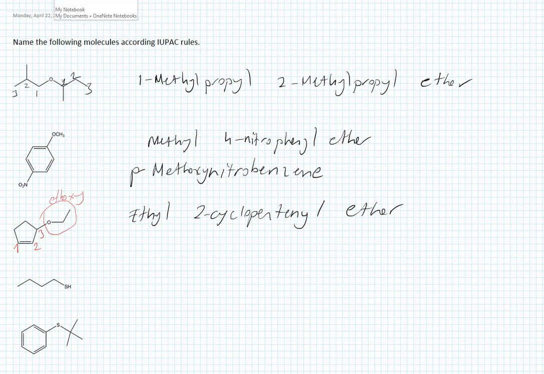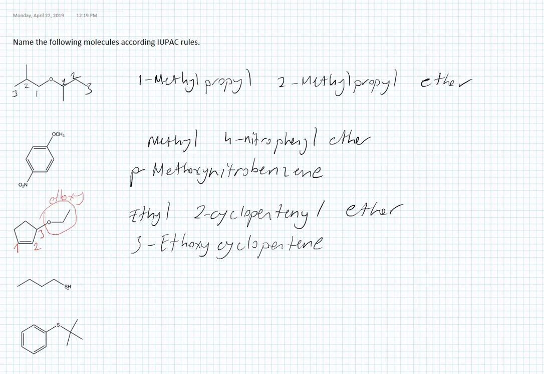It has to be 3-ethoxy cyclopentene. You can say 1-cyclopentene, but in the rings, double bond should always be numbered or start with number 1. So you don't have to say 1-cyclopentene. So this is 3-ethoxy cyclopentene. Okay, let's move to next one.